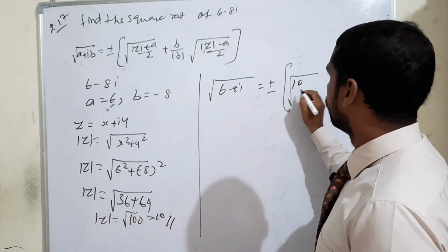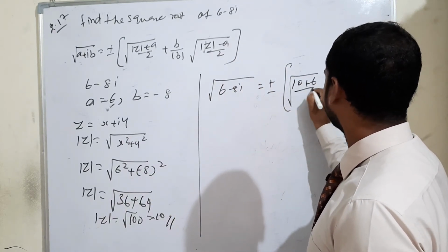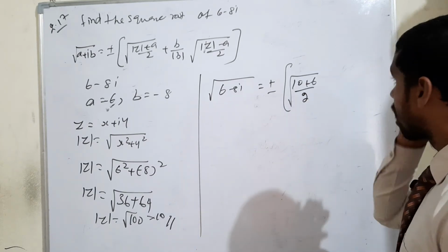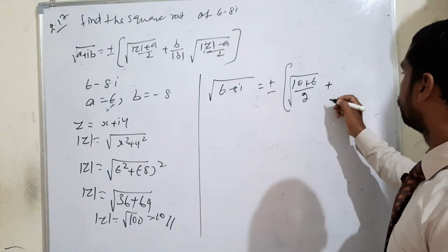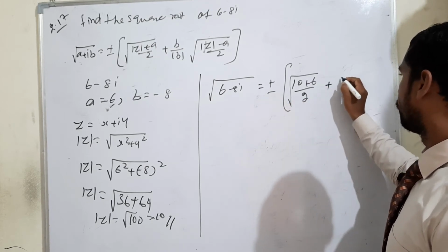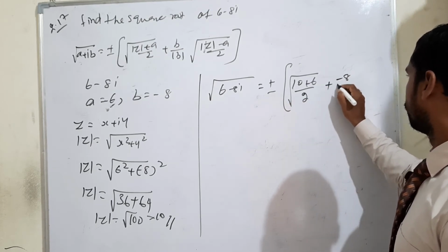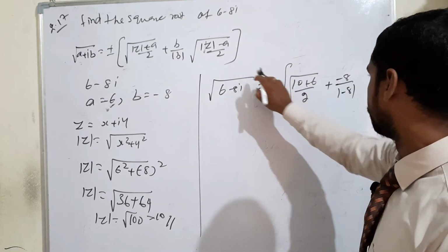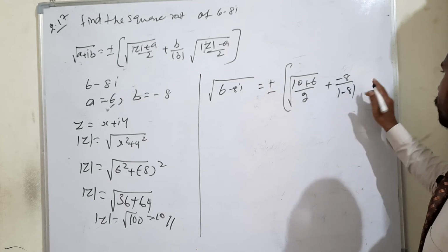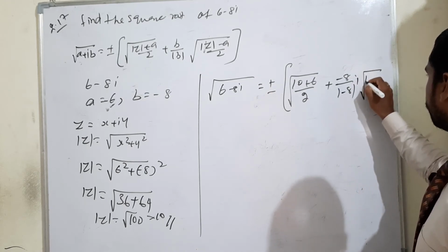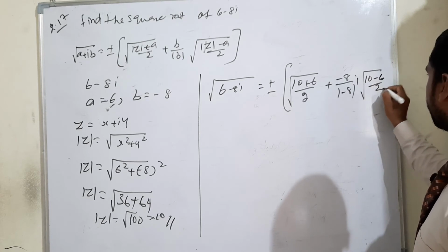So 10, and a is equal to 6. So 10 plus 6 by 2, then plus b by modulus b. The b value is already minus 8, isn't it? So minus 8 divided by modulus of minus 8, because b by modulus b, into i, again the square root of modulus of z, which is 10, minus 6 by 2.